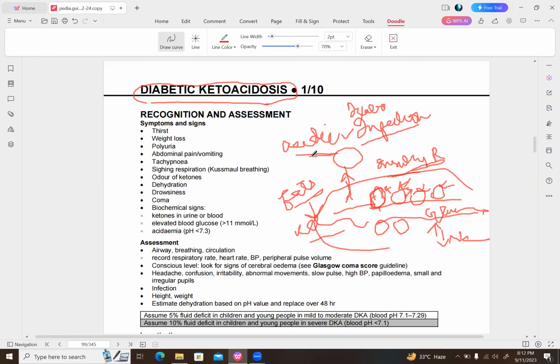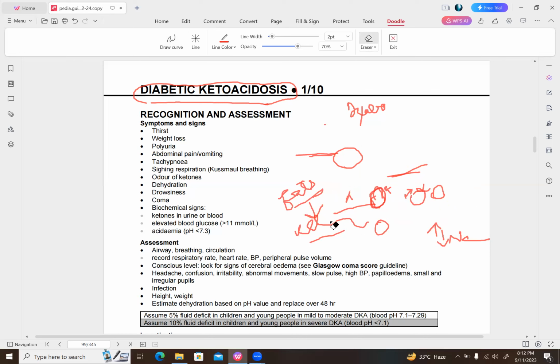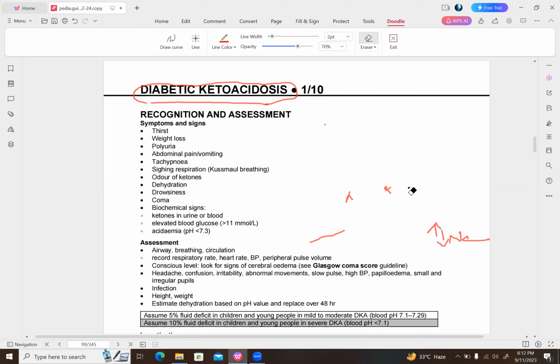Okay. In diabetic ketoacidosis, how is the presentation of the child? Let me tell you the presentation of the child. This concept I wanted to give you before starting the management.